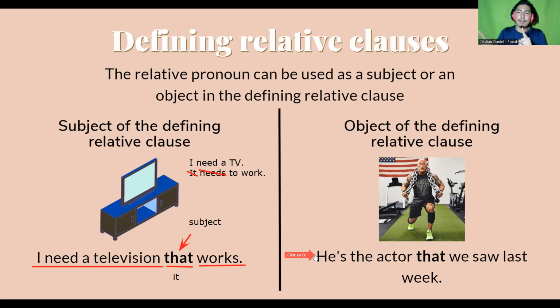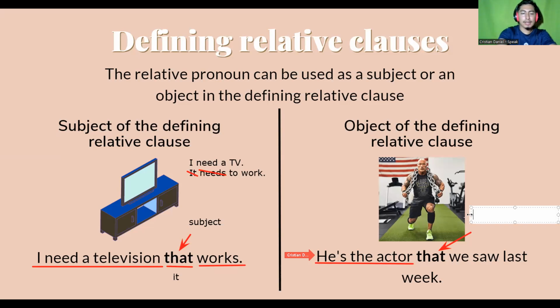So in this case, everybody, as you can see, we have that in the first sentence, he is the actor. The main clause, he is the actor. And in the second sentence, as you remember, that in this example is making the function of the object. What is the object of the main clause? The actor.